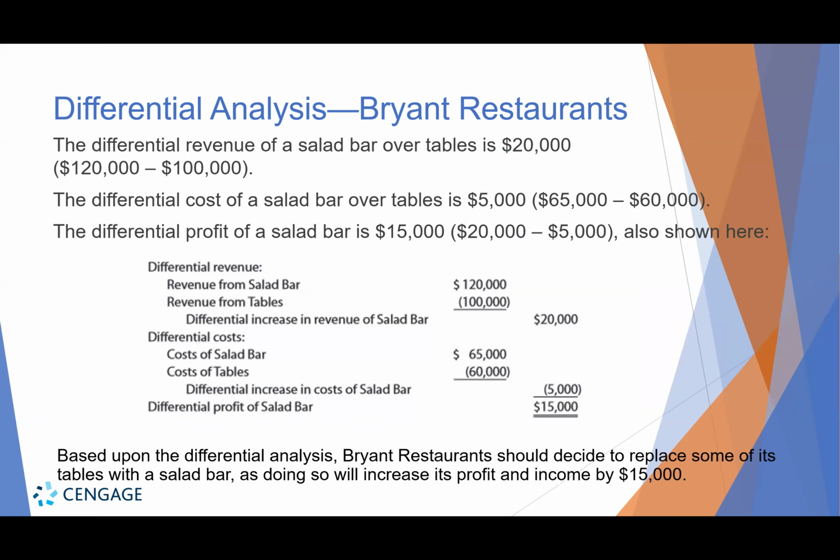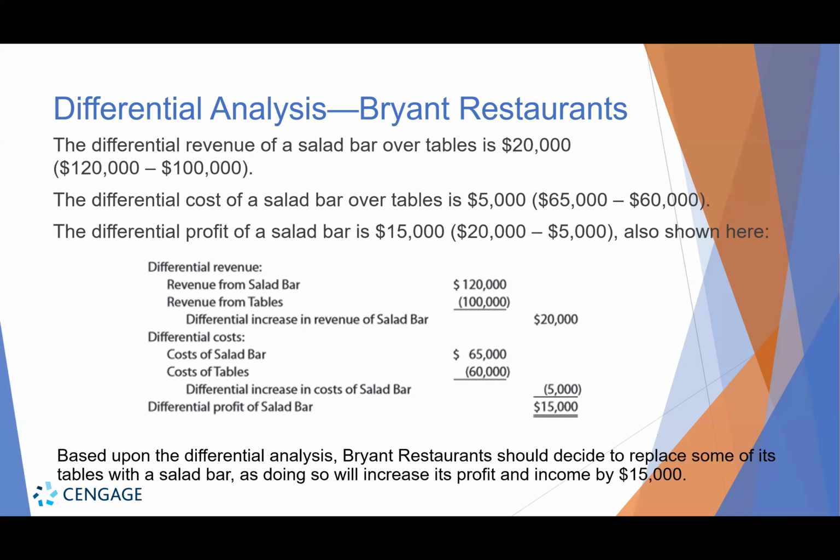So the differential revenue in picking a salad bar over tables is 20,000. The differential cost of having that salad bar instead of the tables is $5,000. Our costs are going to increase 5,000, but our revenues are ultimately going to go up 20,000. And as a result, our differential profit on choosing the salad bar over the tables would be 15,000.